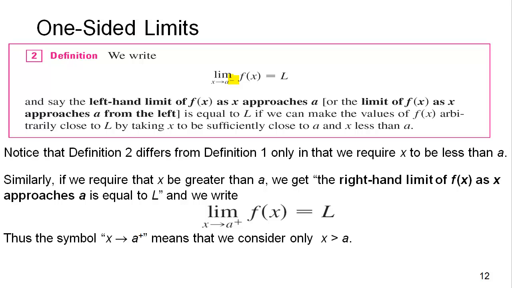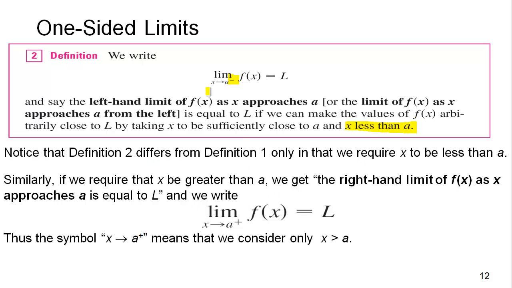You'll notice that the only difference in this definition from the original one is that we're now saying x less than a. Before we just said it had to be sufficiently close to a, and we didn't have this little extra caveat that it also has to be less than a. So instead of saying we have to get close to a from both sides, we're just saying we have to get close to a from below.